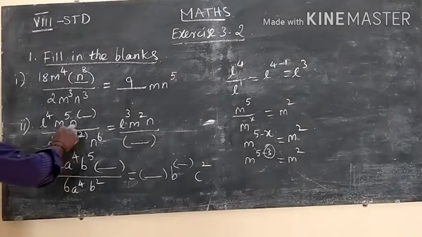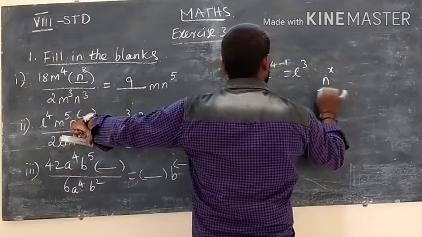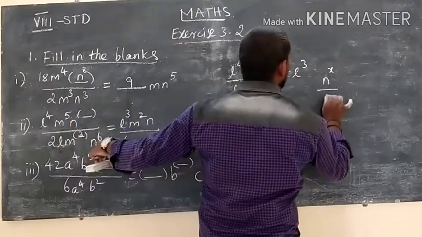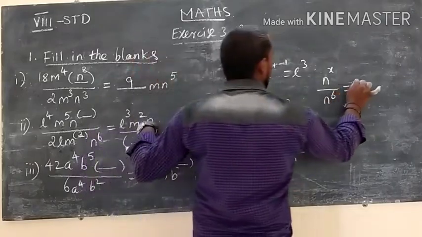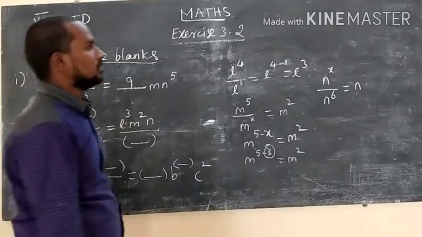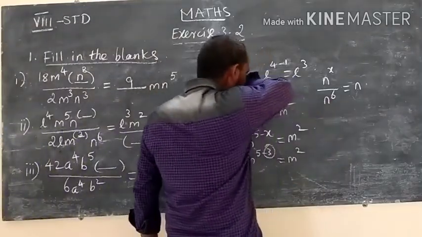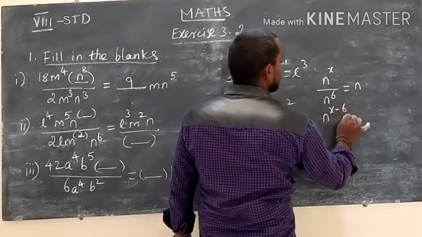Then here the n power value is not given. So n power x divided by n power 6, which is equal to the RHS, n. Okay. So n power x minus 6, making the transformation, we get this.